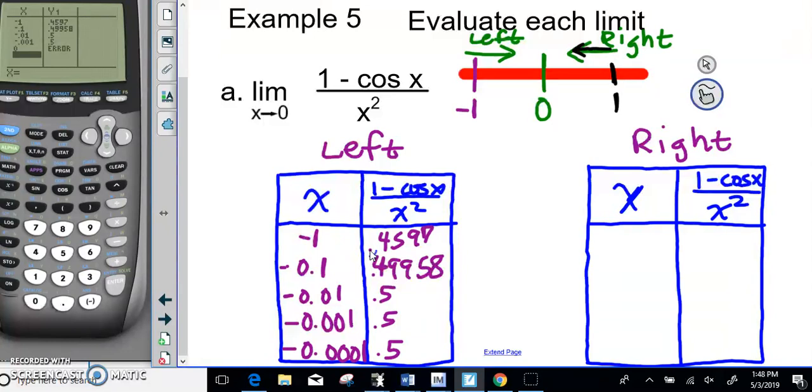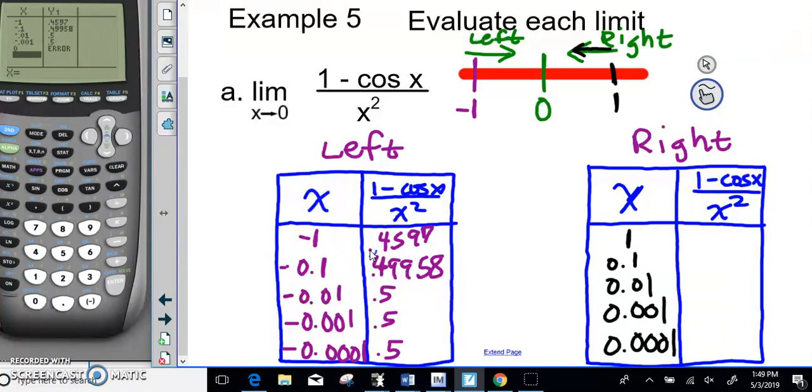So here, we start off with 1 again, and then we keep dropping it to get closer and closer to 0. So we have 0.1, 0.01, 0.001, then 0.0001.